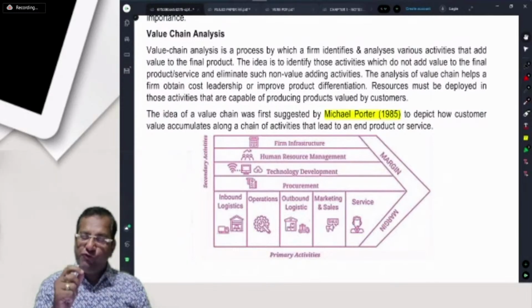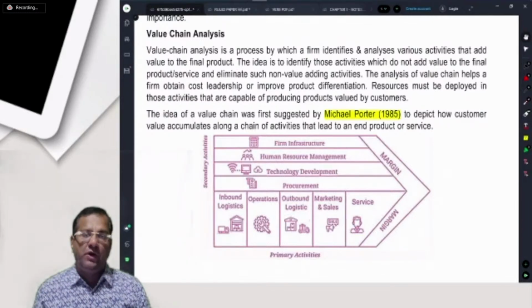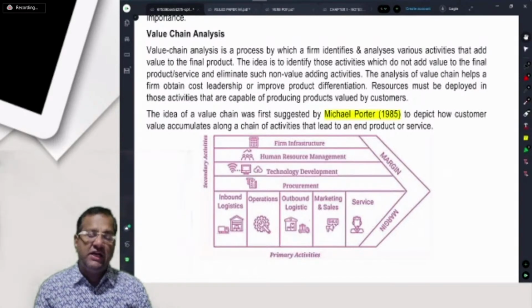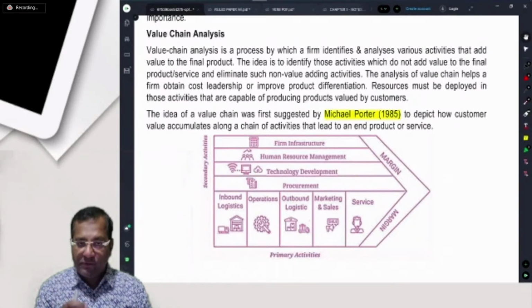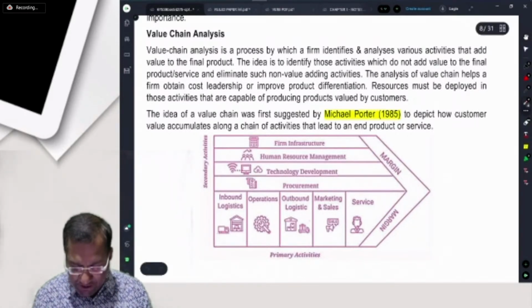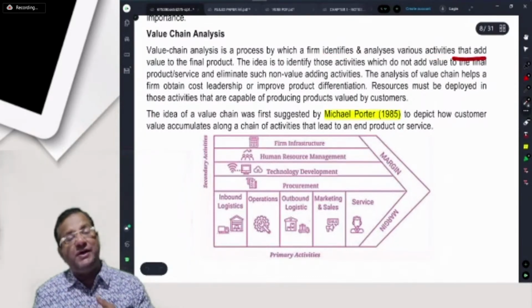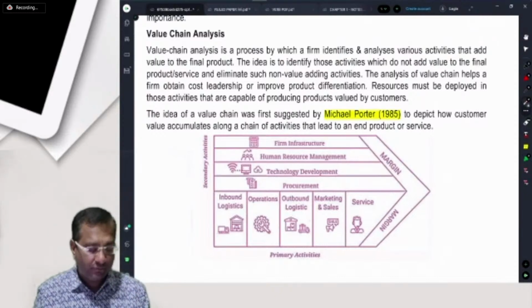So what will value chain analysis do? Value chain analysis will first identify, this is important, various activities in the organization.